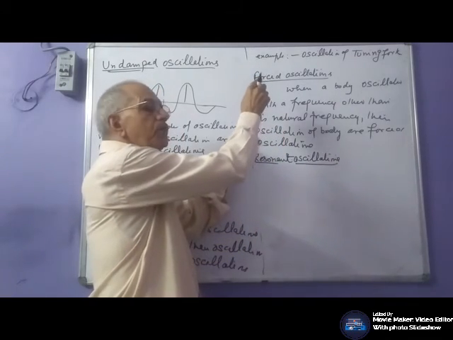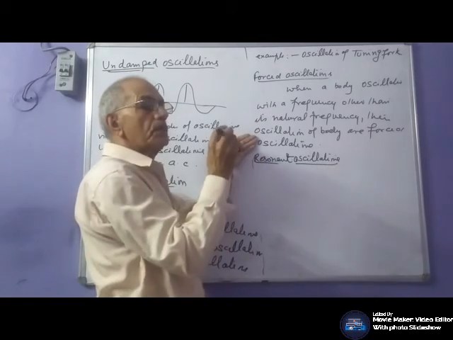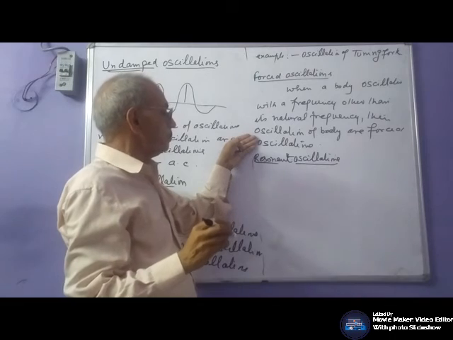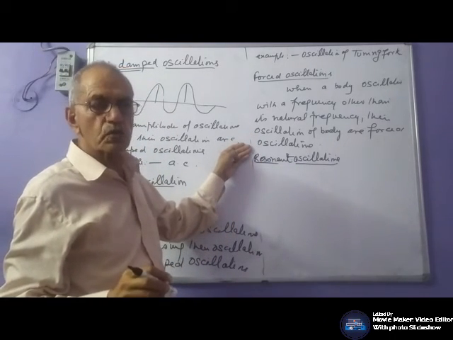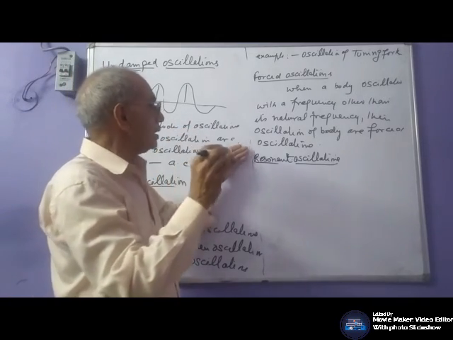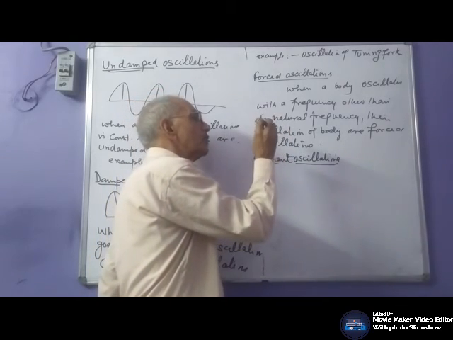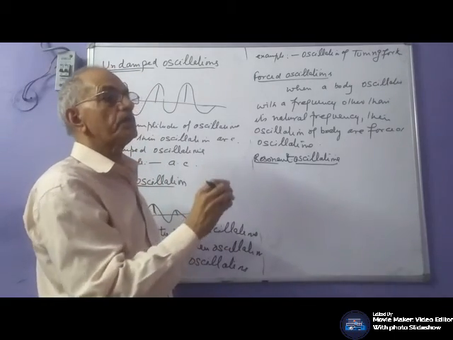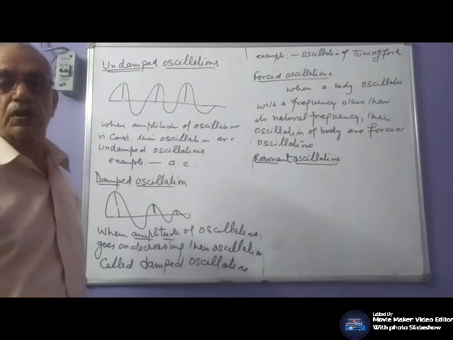So these are what? Forced. 40, 50, forced. Now again listen what I say. Vibrations, oscillation 20, marker 30. If the marker made this board vibrate with a frequency 30, not other than 30, then these are resonant oscillations.